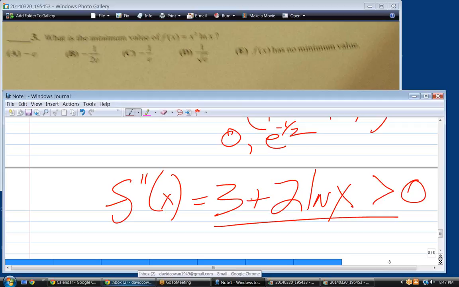When the second derivative is positive, it's going to be concave up, and that will be a minimum. Well, this would mean that natural log of x would have to be greater than minus 3/2.